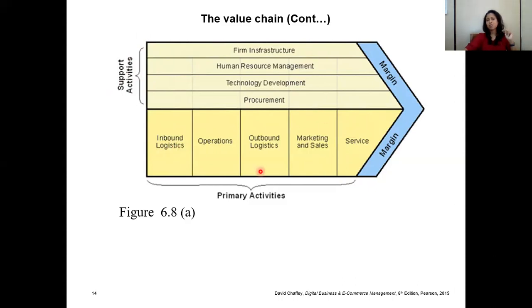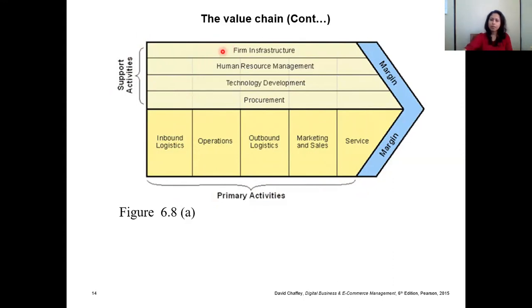At each of these stages in the value chain, value can be added. The management can see at which activities we are performing well and which activities we are underperforming.